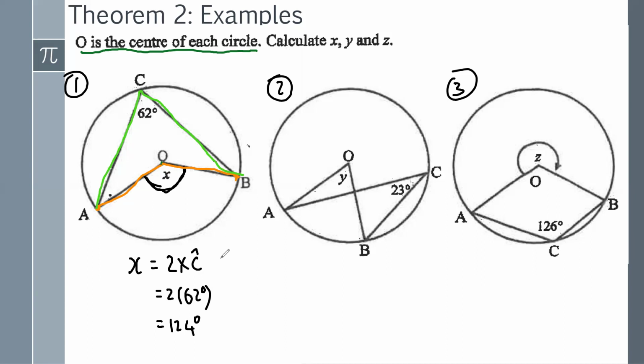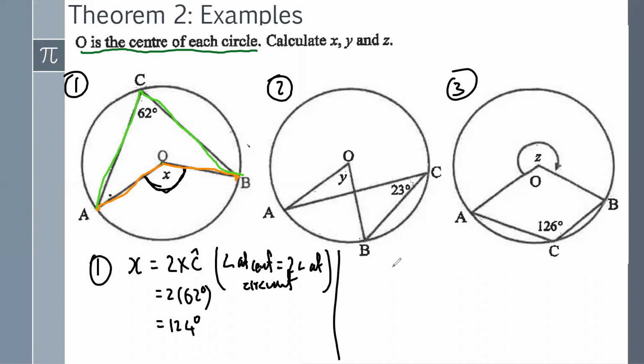Geometry teaches us responsibility. So you would have written from your opening statement that angle at the center is twice angle at circumference. This is acceptable. Feel free to use this short, lazy form that I am using. All right, that is for case one.